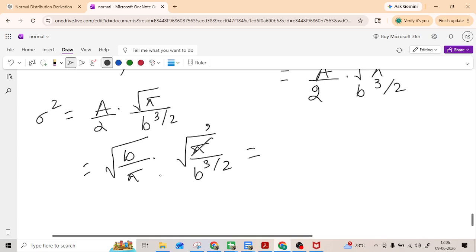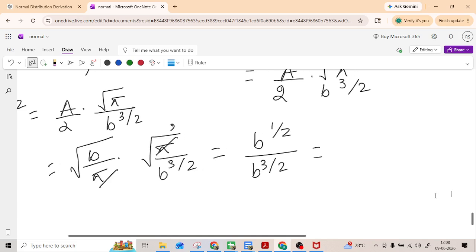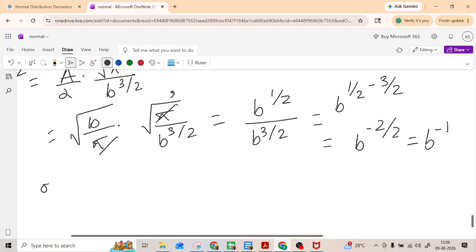So the root gets cancelled and we are left with b 1 by 2 and b 3 by 2. So what we get over here is b raised to 1 by 2 minus 3 by 2, which would mean b raised to minus 2 by 2, equal to b raised to the power minus 1. So sigma square becomes 1 by b.